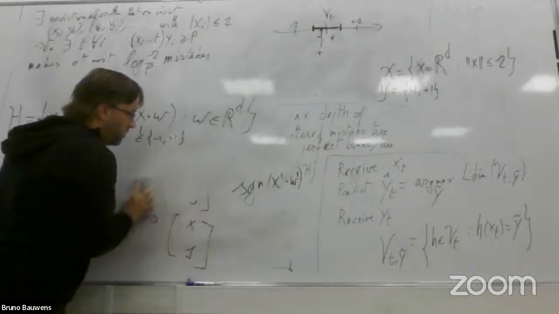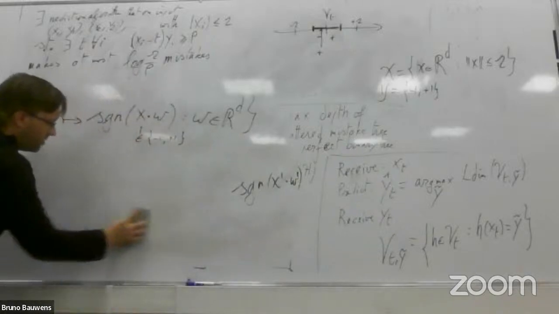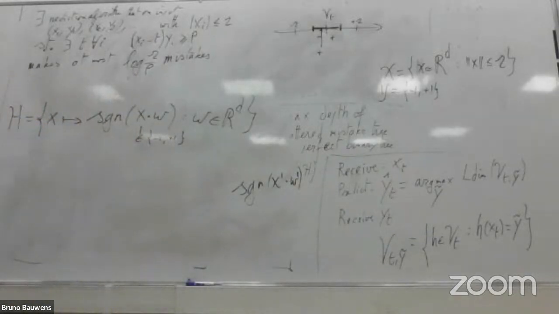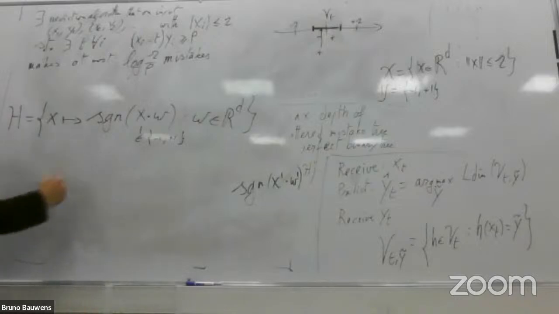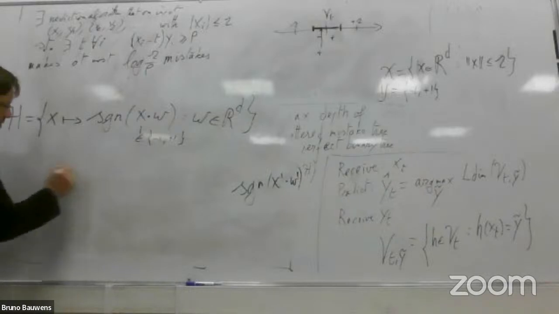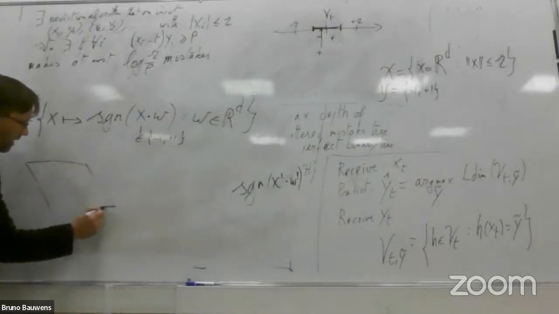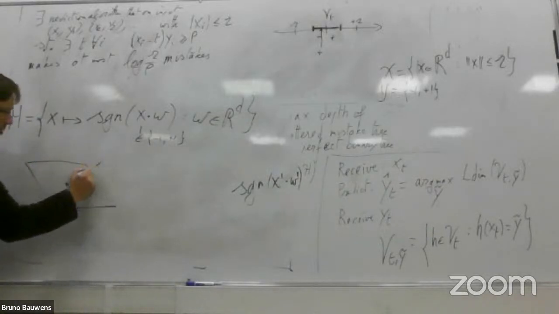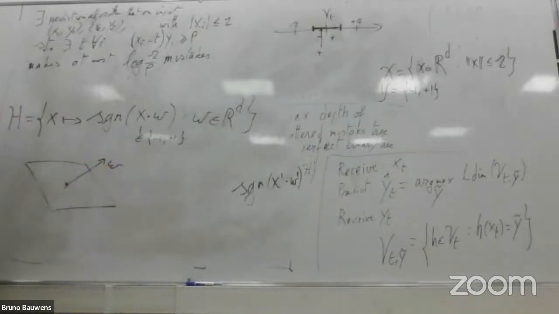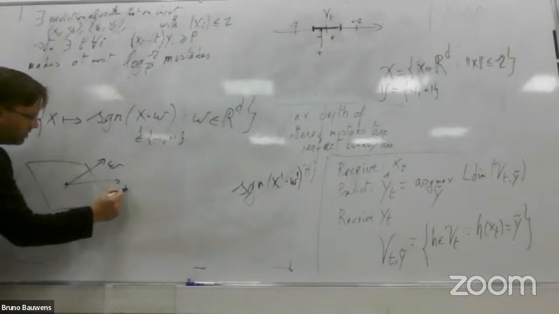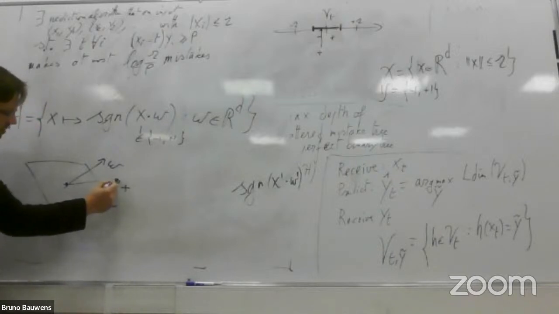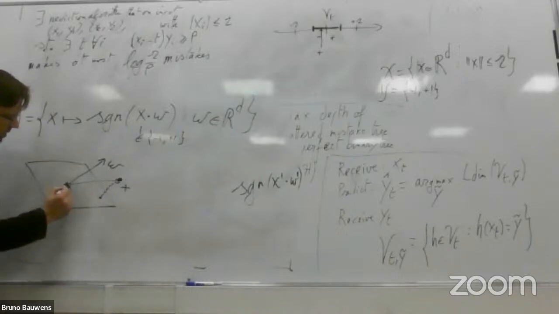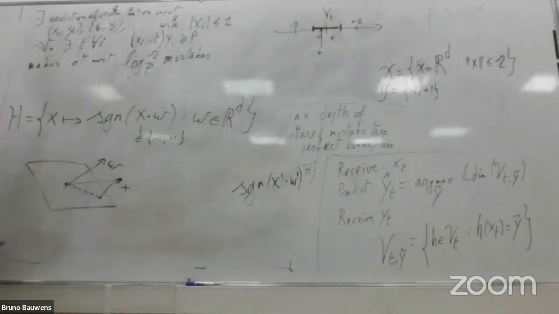So we will speak about homogeneous half spaces. And now we know how we can compute the distance to the border. We have some hyperplane, and we look at the normal vector w. Then the question is how to compute the distance from a point x. Here we have a point x and we want to know the distance to the hyperplane.